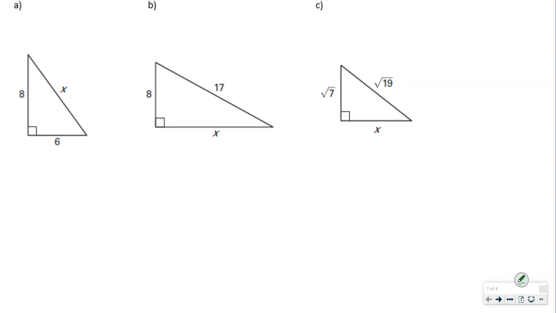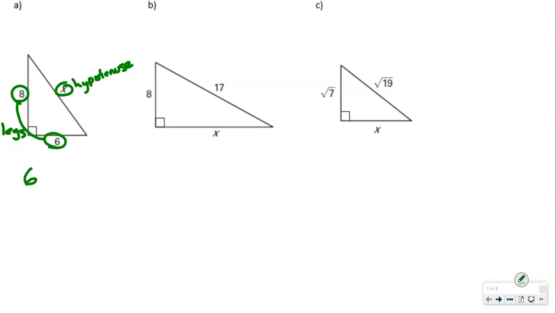We have two of our legs, and x is the hypotenuse. Notice our hypotenuse is opposite the right angle.